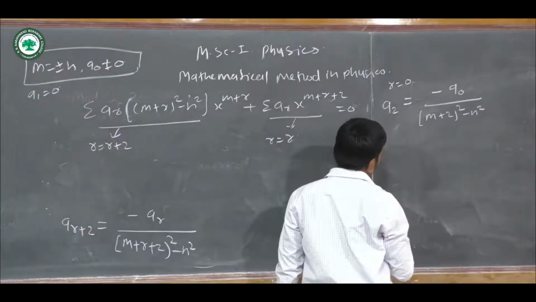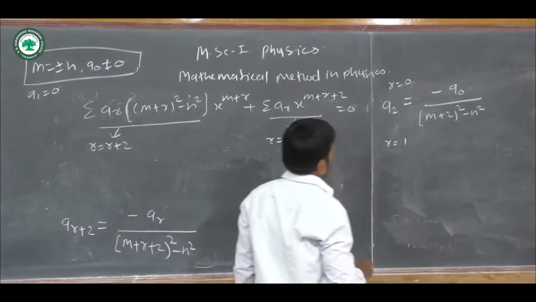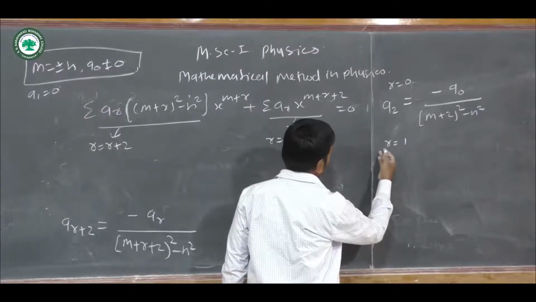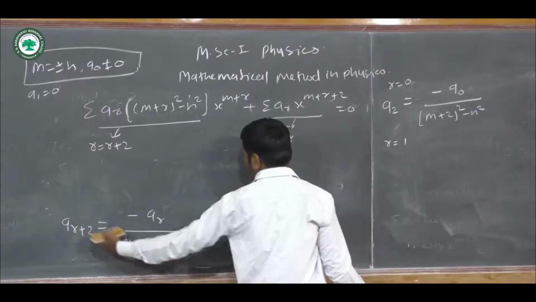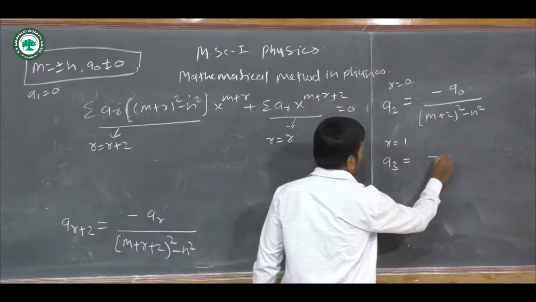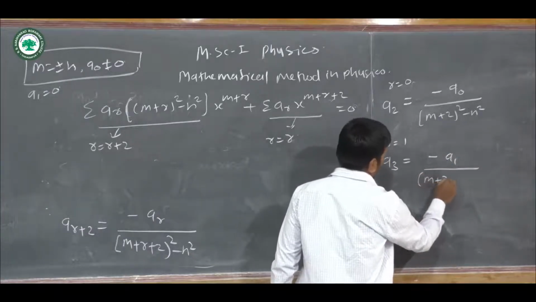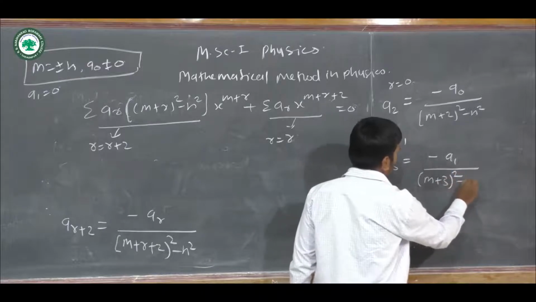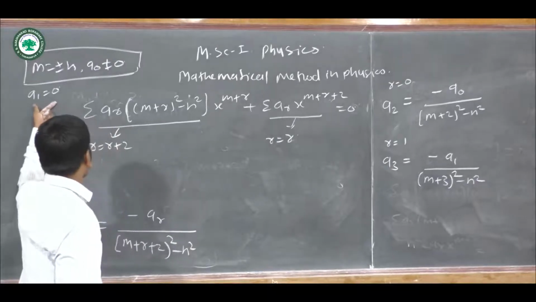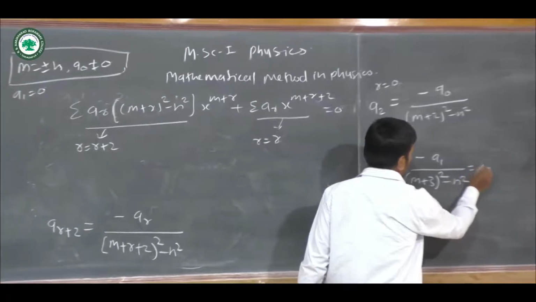Okay, and if I put r equal to 1, then a r plus 2 is a3, so a3 is equal to minus a1 divided by (m plus 3) bracket square minus n square. Now a1 we already found to be equal to 0, so a3 is also equal to 0.